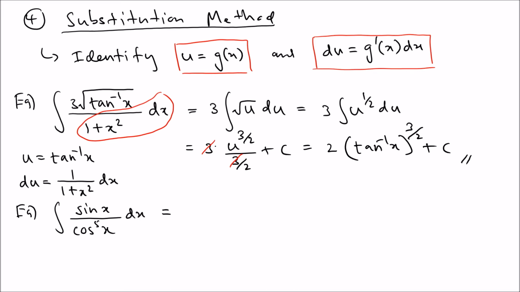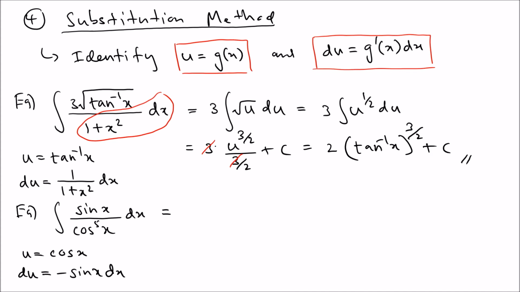If you get a problem like that, you can see this is a trig integral. Again, we can identify the inside function. In this case, u equals cosine x. Why do we do that? Because if you take the derivative, it is negative sine x dx, and you can see sine x dx is there. It has to be in the numerator, so that's very important.